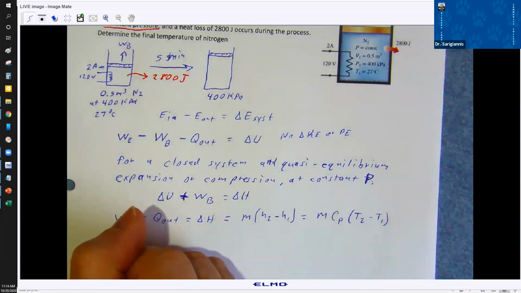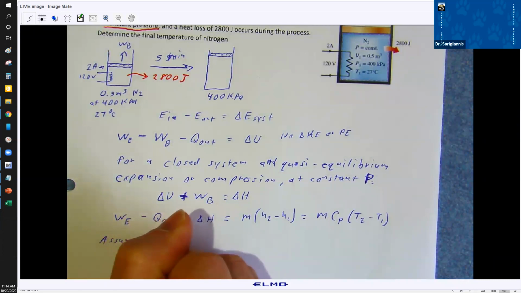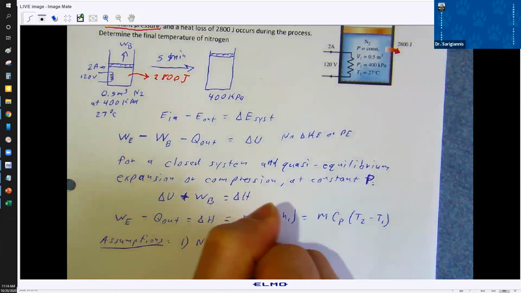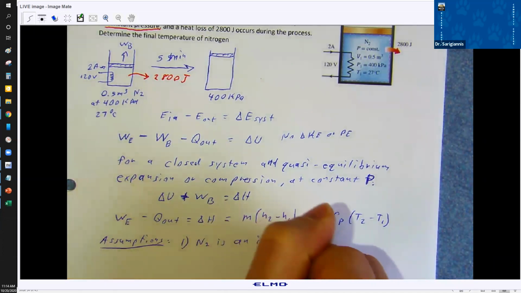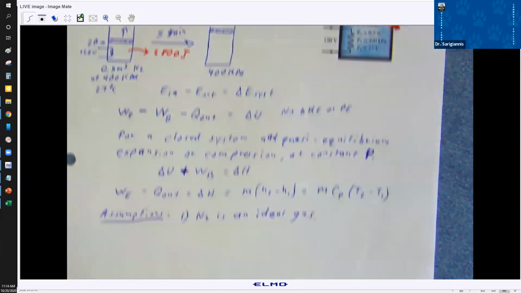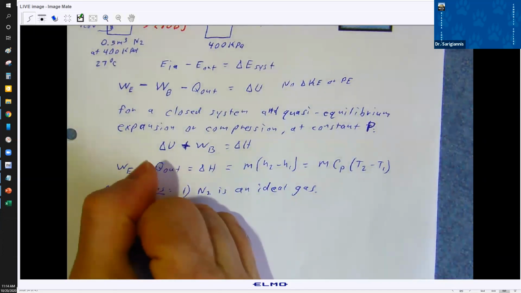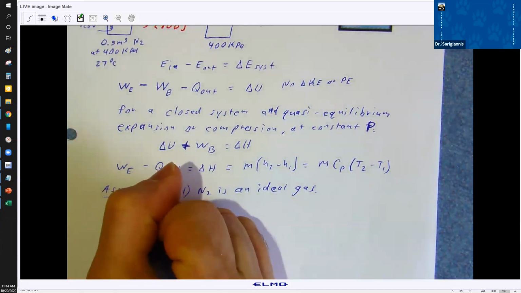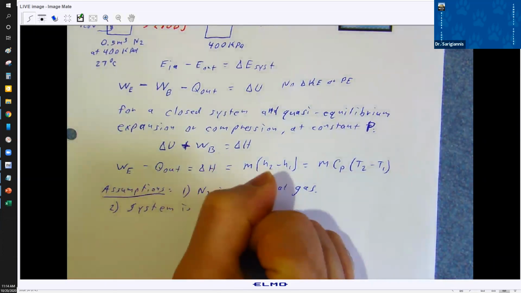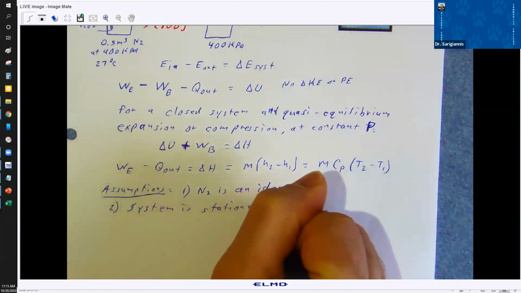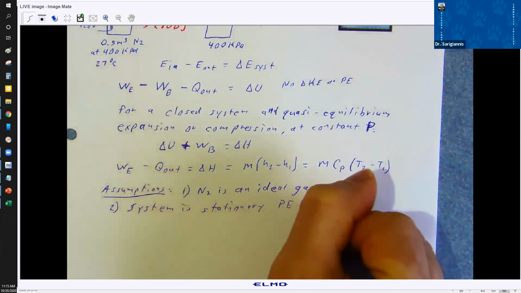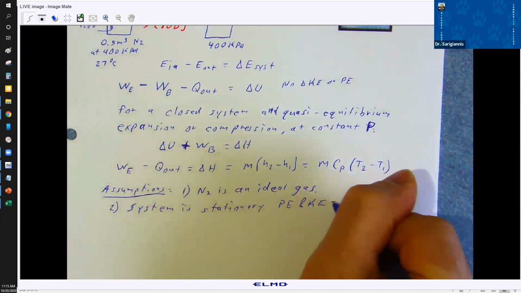So some of the assumptions for this, which we already kind of made: the first one, N2 is an ideal gas. Again, I already mentioned this one. System is stationary. PE and KE are equal to 0.